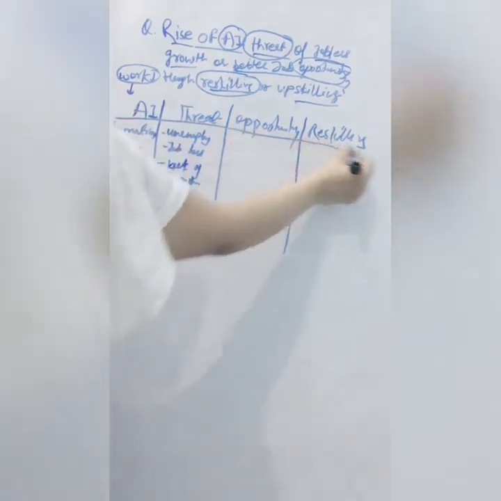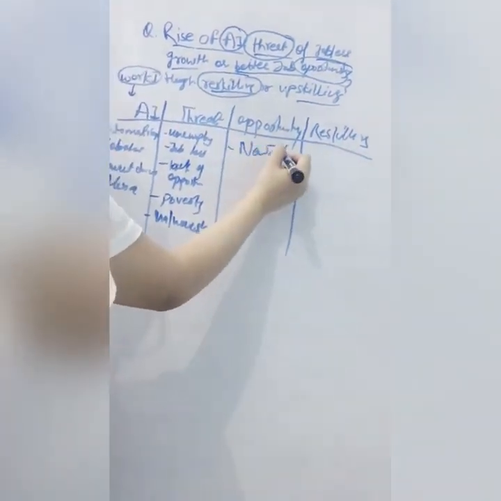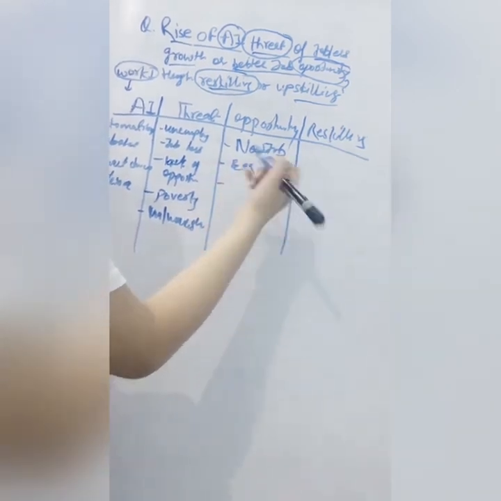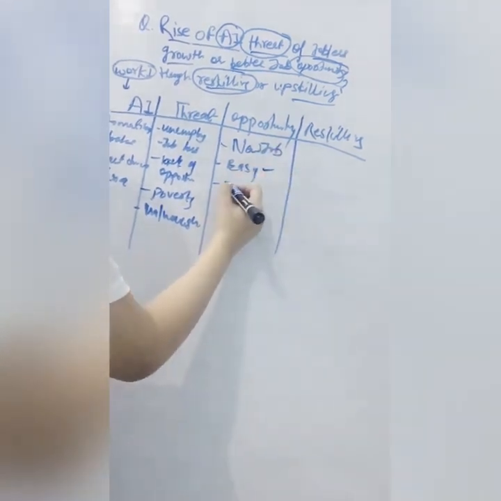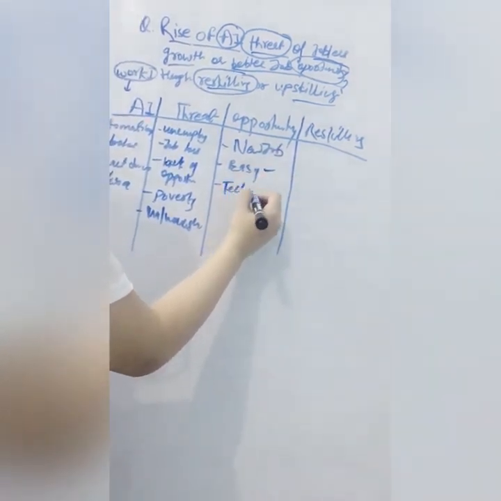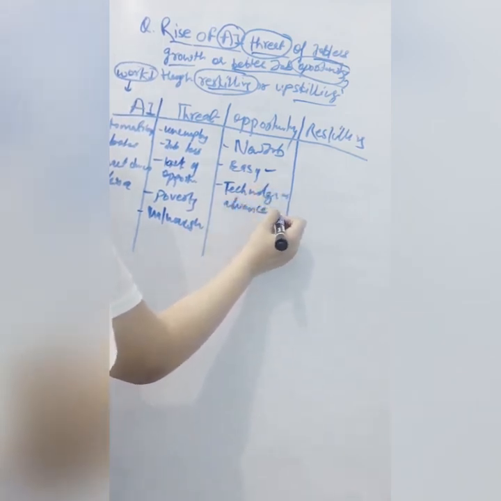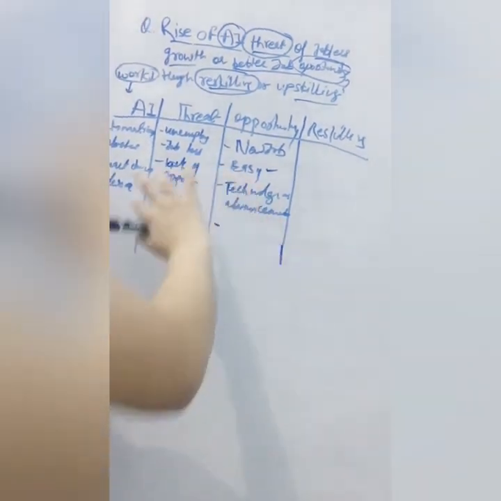And what will be the opportunity? For example, there will be new jobs. Life will be much easier. So we'll be able to do things, new jobs will be created, and life will be easy, and there will be technological advancement, more opportunity for new people, more industry will grow, and life will become easy. For example, we are using artificial intelligence, Alexa.